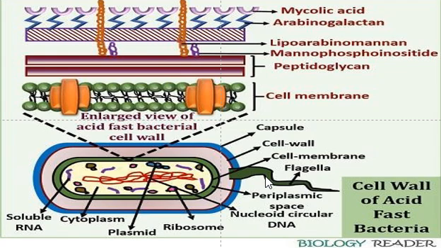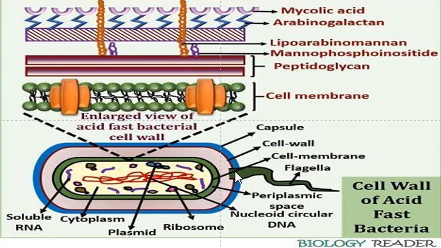Then, moving to the bottom of the inner part, this greenish space inside is called the periplasmic space, which is the space between the inner membrane and the outer membrane.